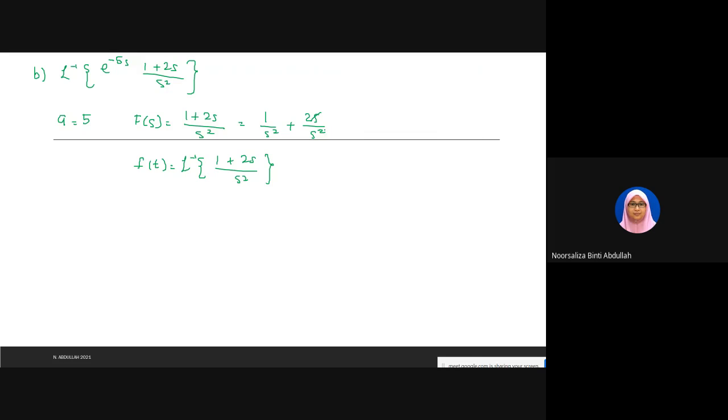S dengan S square boleh cancel. Cancel satu je, jangan cancel dua-dua. Ini S, ini S square, so tinggal 2 per S. Okay, then yang ini pun kita boleh pecah dua juga. So you have to find inverse for 1 over S square and the other one is inverse for 2 over S.